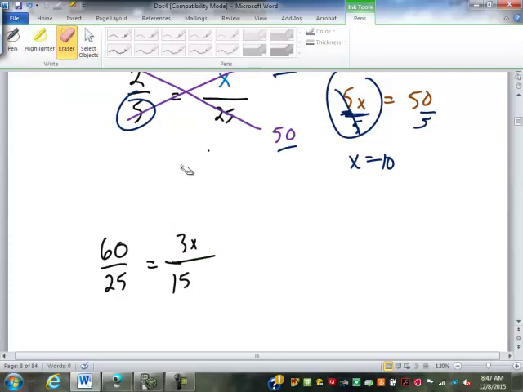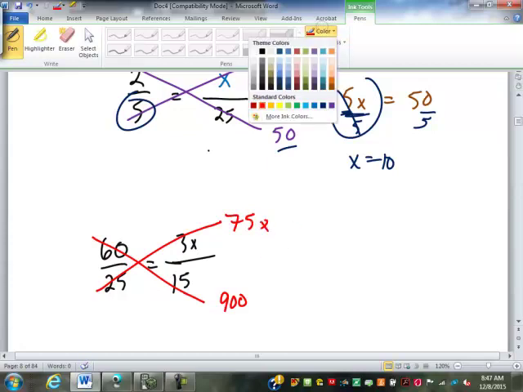So the simplest way to solve this is to cross multiply and create an equation. 60 times 15 is 900. 25 times 3x is 75x.